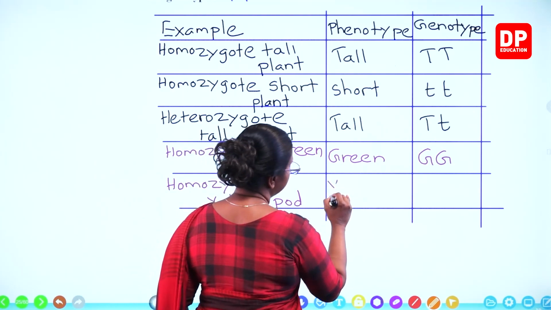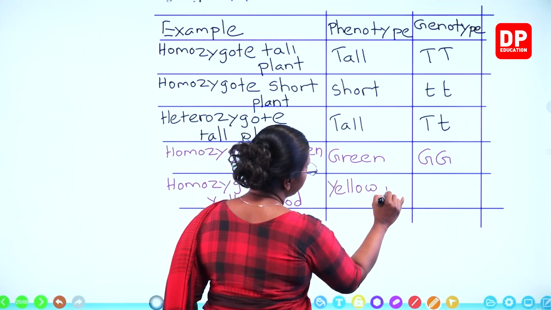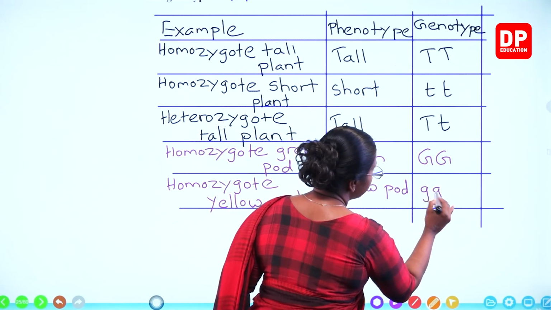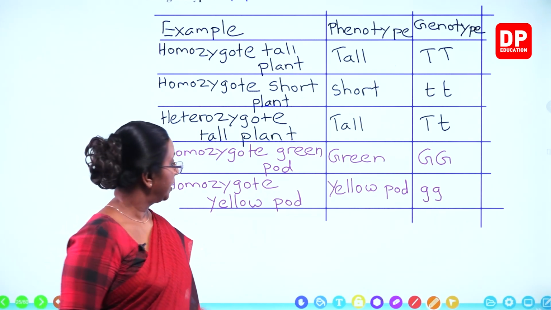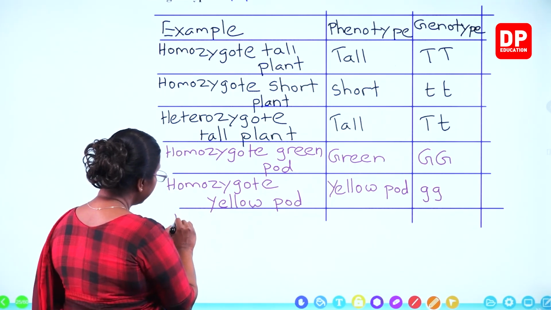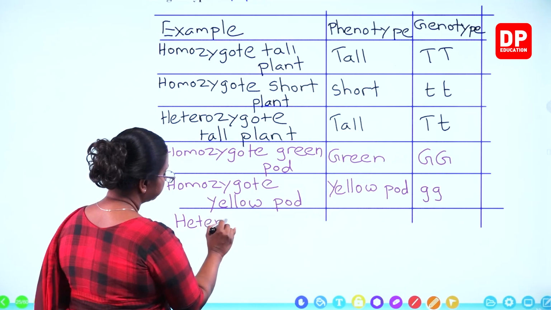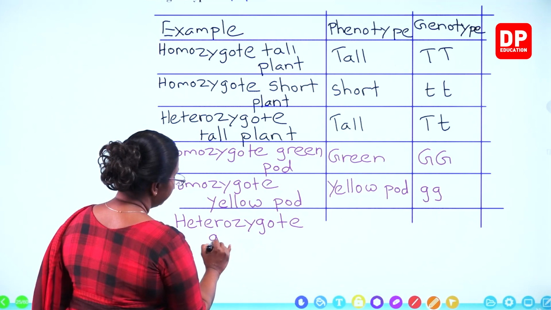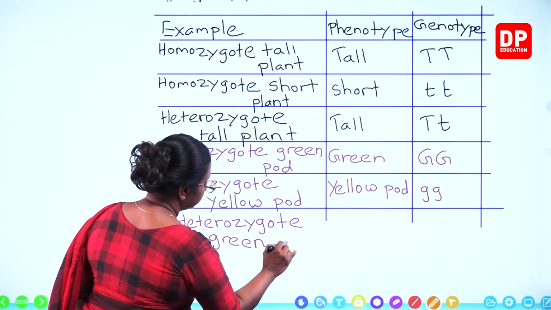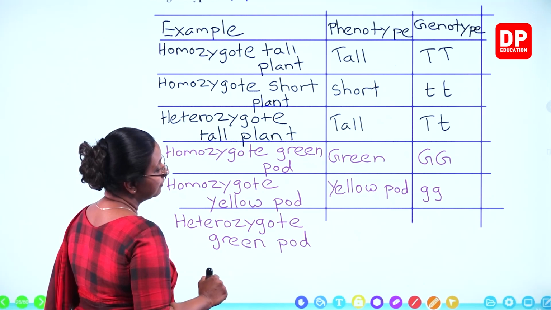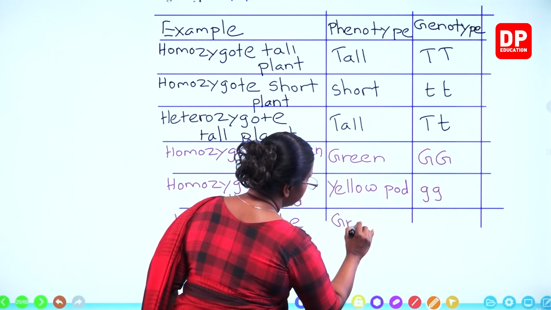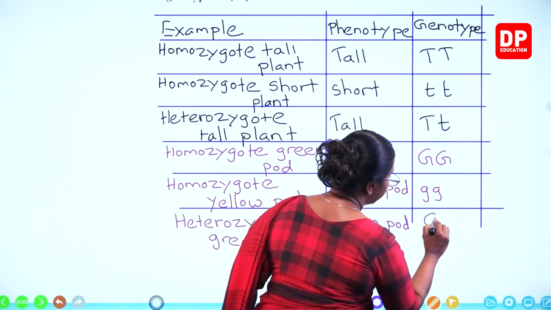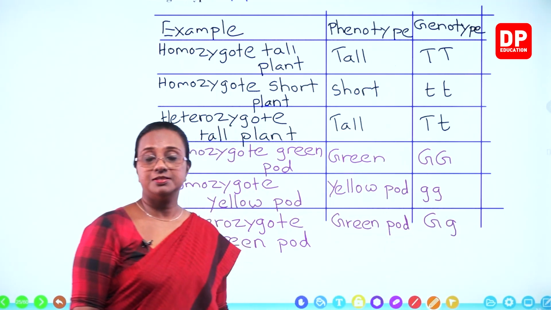Yellow color pod. I will write only the color here, or yellow pod you can say. And the genotype will be simple G, simple G. And finally, if we take the heterozygote green pod, what will be the phenotype? Green pod. And the genotype, capital G, simple G.